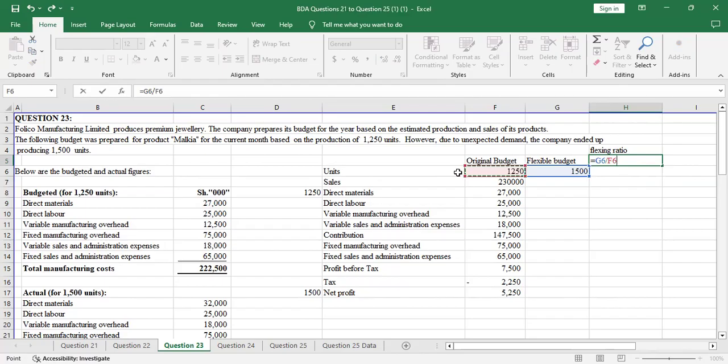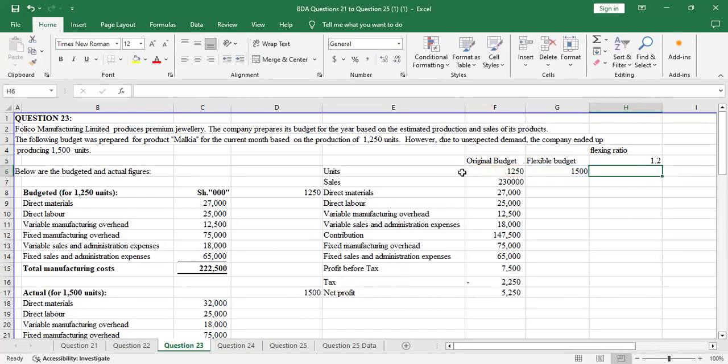That's the flex ratio. So we'll have a flex ratio of 1.2. So when you are preparing the flexible budget, just take this 1.2 and multiply by all the items which can be flexed. Yeah, so it's only fixed cost that is going to remain the same on the flexible budget.